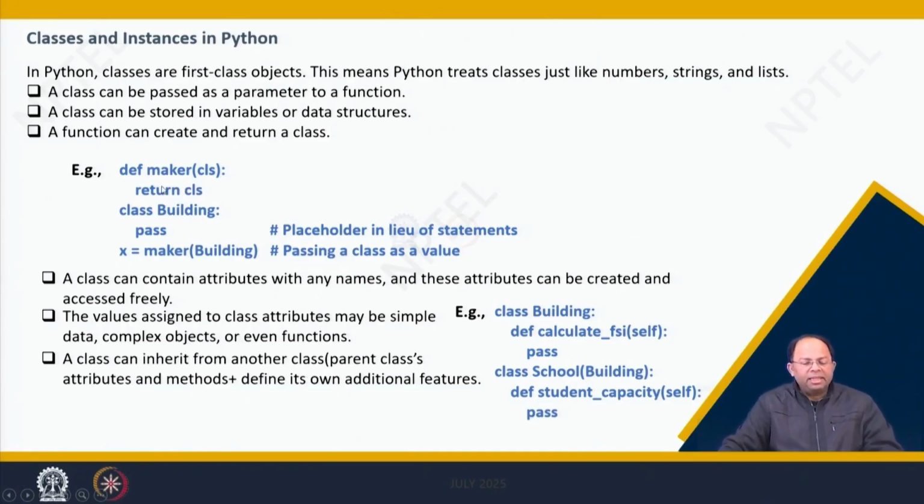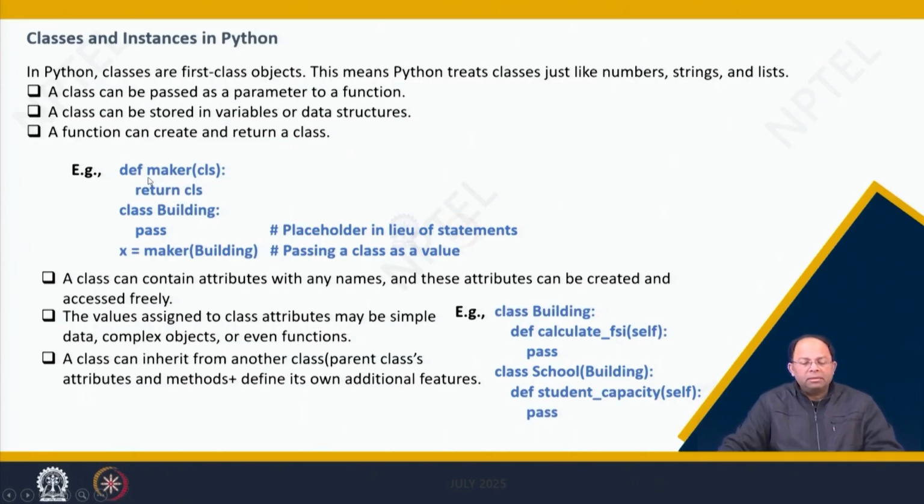Coming to the example, we can see a class called building, and within that, I don't want to write any statements, that's why I have written pass, which is a placeholder in lieu of statements. I could have written many statements, but because this is an example, I have written pass. Whenever I write this, that means this class could be passed again as an argument.